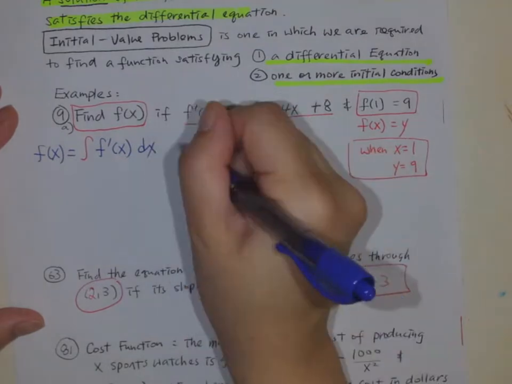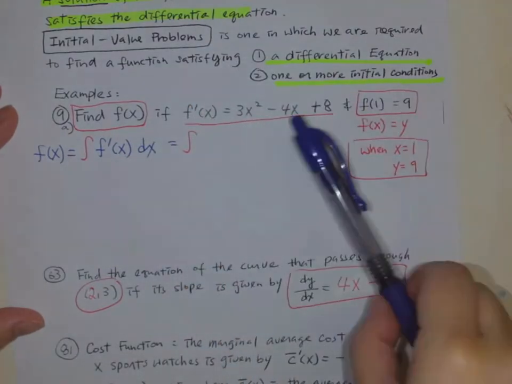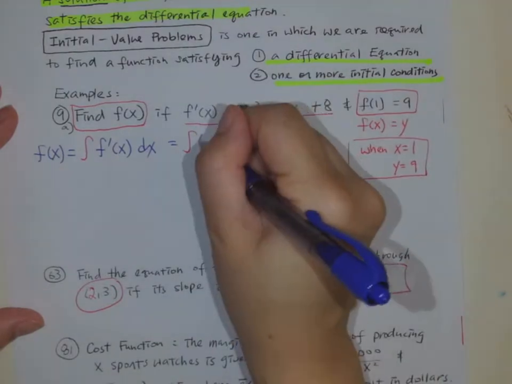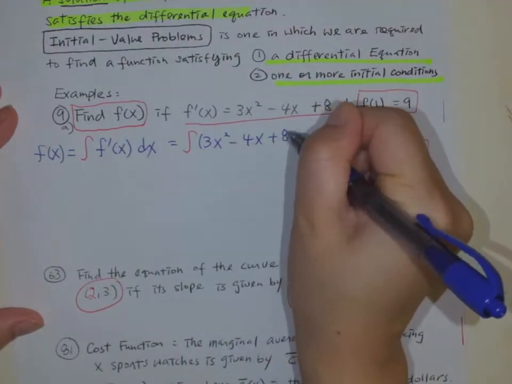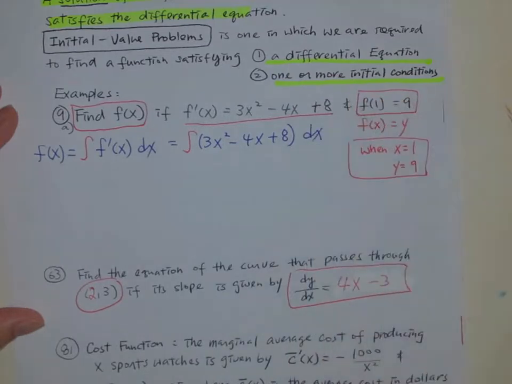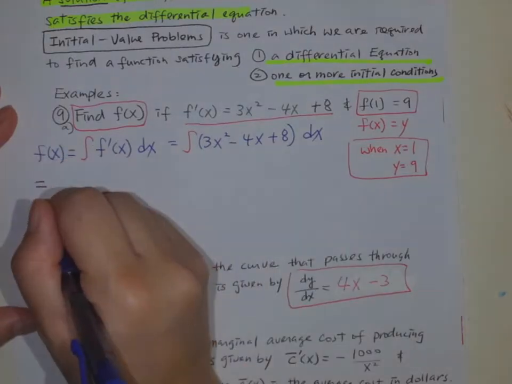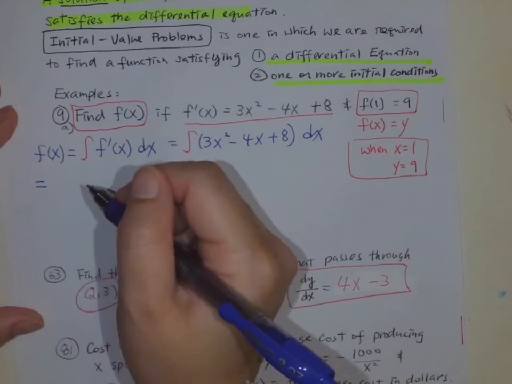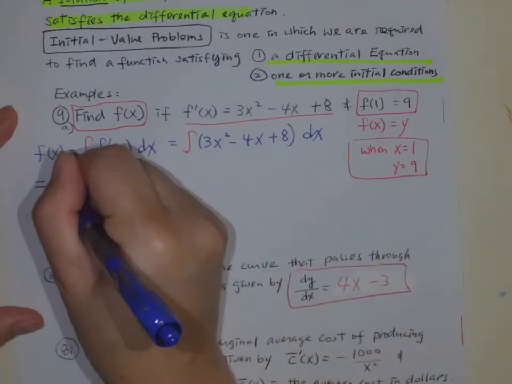So I am taking the integral of this whole derivative. We got the integral of 3x squared minus 4x plus 8 dx. So let's do each term individually. We are going to take the integral of 3x squared, but we can pull out the 3, right?